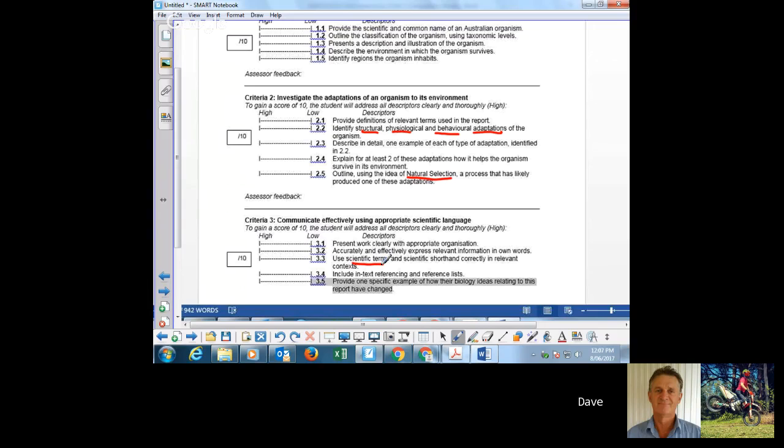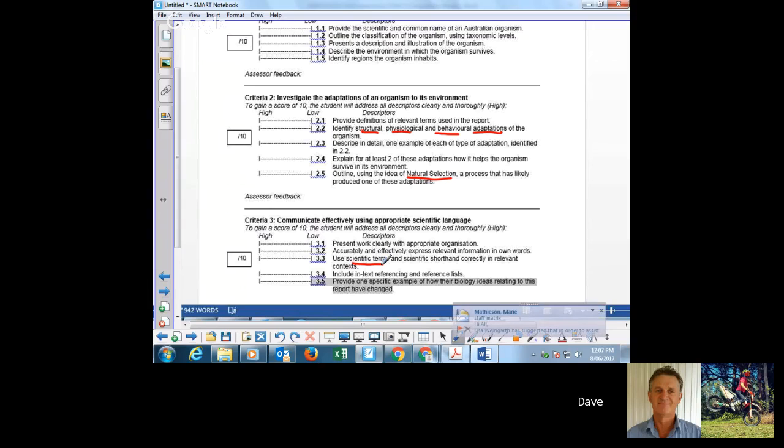Have you listed down obvious features? Yes, I have. Obvious features of great white sharks. Give me some of them. Well, they have pale skin to help them camouflage in the ocean. So the colour of the skin, is that a structural, physiological, or behavioural thing?